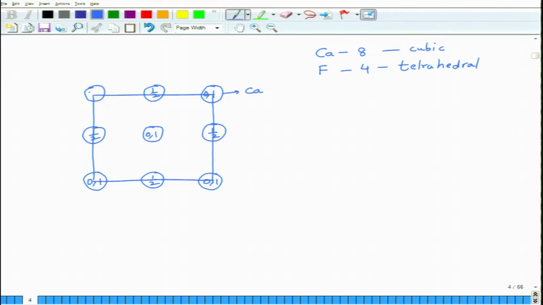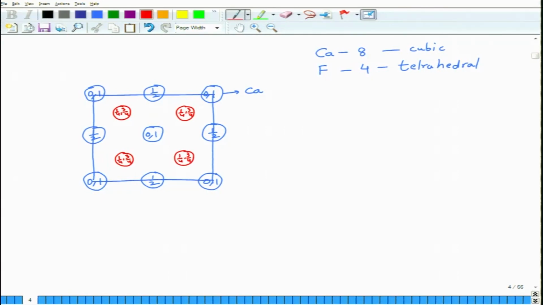So calcium makes an FCC lattice here, and the fluorine atoms go here, here, here and here, and the coordinates which are going to be filled are 1 by 4 and 3 by 4. All the tetrahedral sites are filled here.